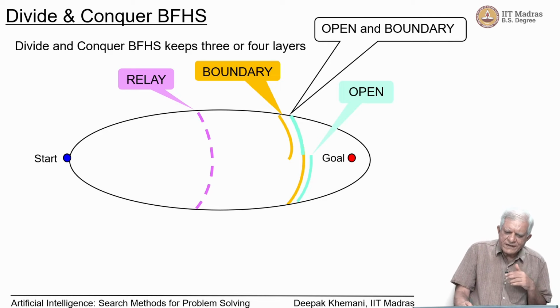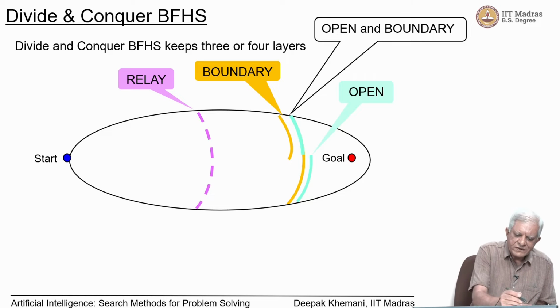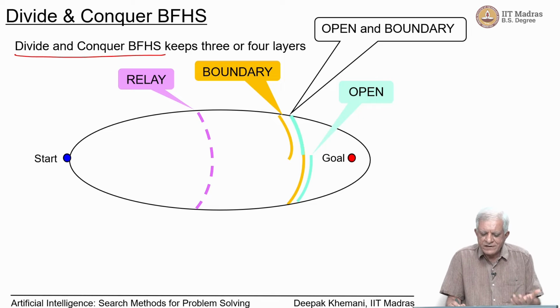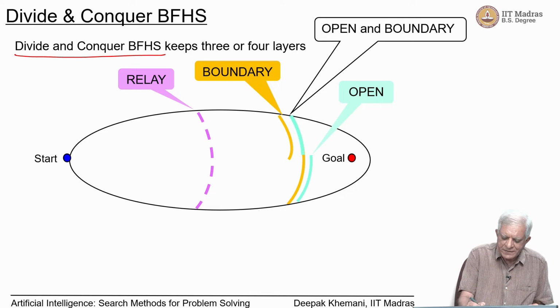Now we can use this idea of divide and conquer here as well, and Zhao and Hansen did that. They have this algorithm called divide and conquer breadth first heuristic search, which is, remember that this is the boundary U within which the breadth first search is.